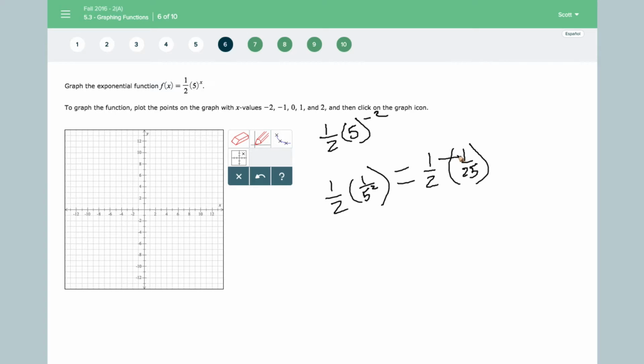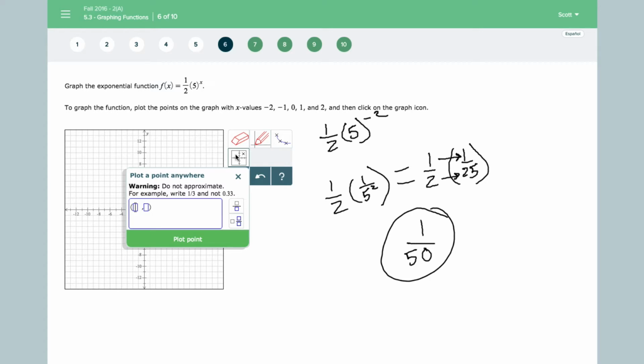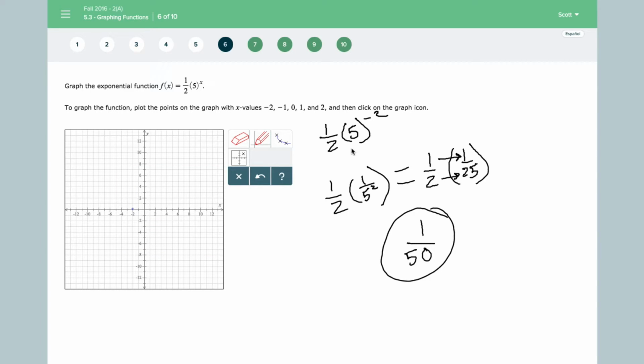And with fractions, you just multiply straight across. 1 times 1 is 1. 2 times 25 is 50. So there's my y. So that means when I plugged in negative 2, I got 1 over 50. So I'm going to plot that point, and there it is right there.